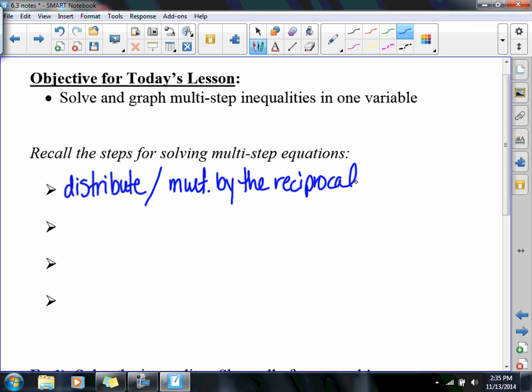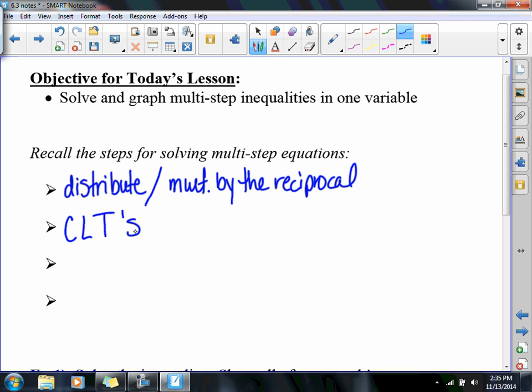Sometimes that number out in front of the parentheses that you want to distribute is a really nasty fraction, and it's easier to just multiply by the reciprocal and get rid of the fraction than it is to distribute it and get even more complicated fractions. After we do that, we'll need to combine like terms.